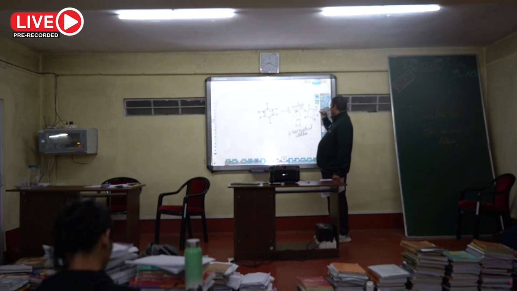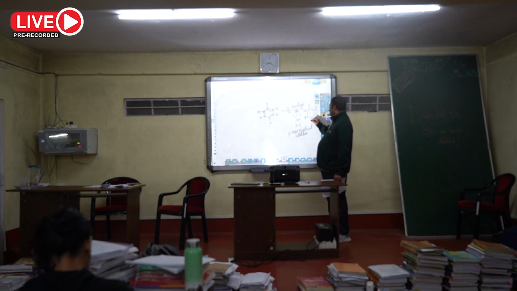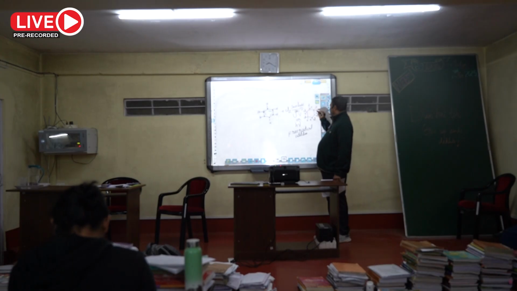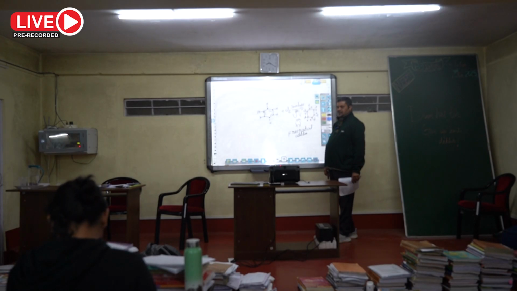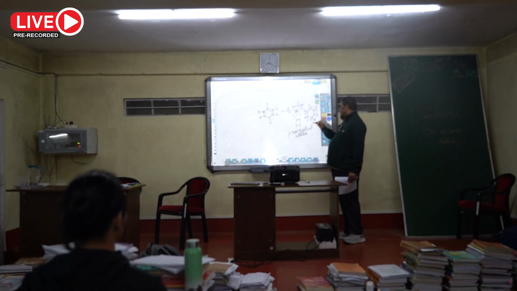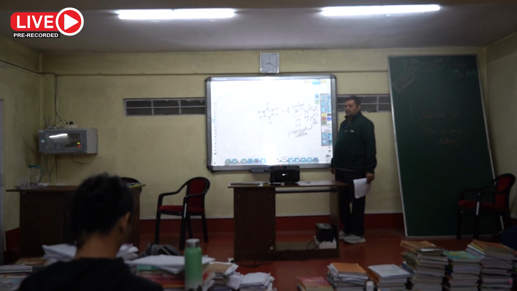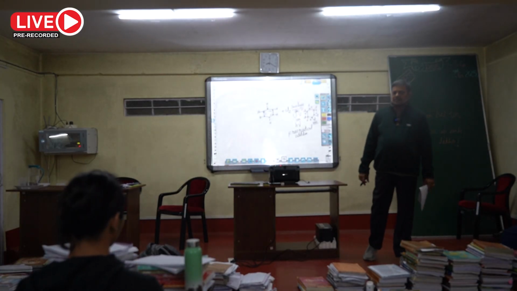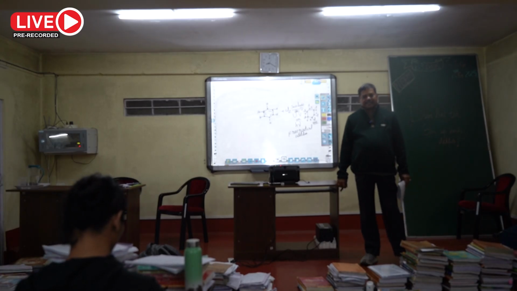Hydrogens are already there. How many hydrogens? 6 hydrogens. How many carbons? 6 carbons. That's why it is called triple six. Benzene hexachloride is an important insecticide.